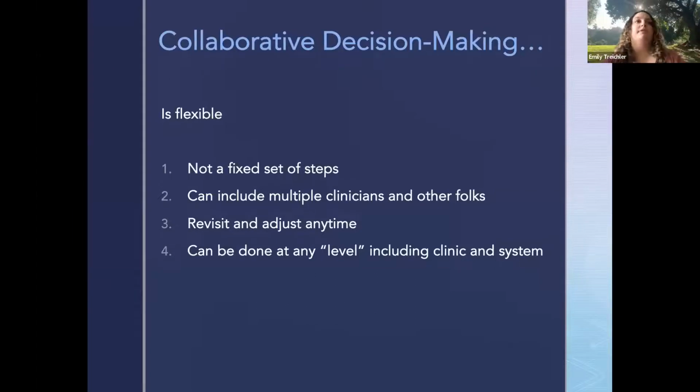So it could be things like, what services will we offer at this clinic? What will be the admissions criteria? If I have a client who I think would really benefit from this service, but they don't meet the typical admissions criteria, should we make an exception, make an adjustment to the admissions criteria? We can use collaborative decision-making for those kinds of decisions as well.